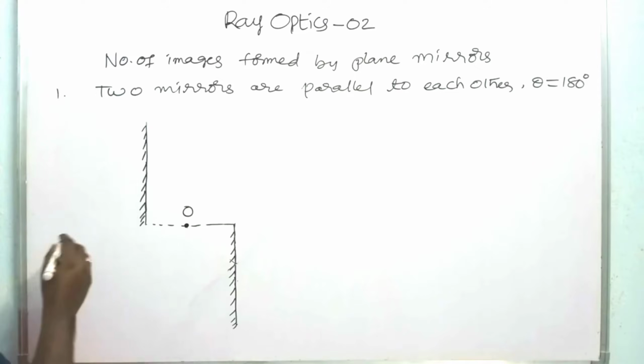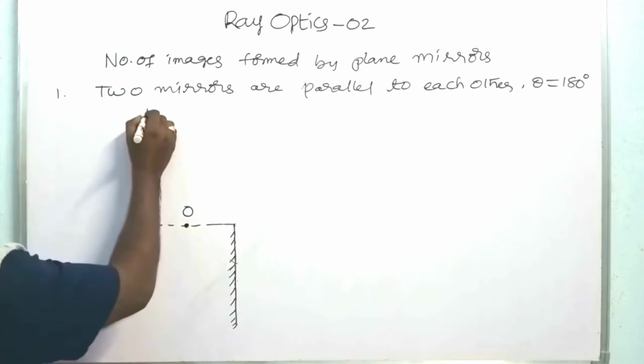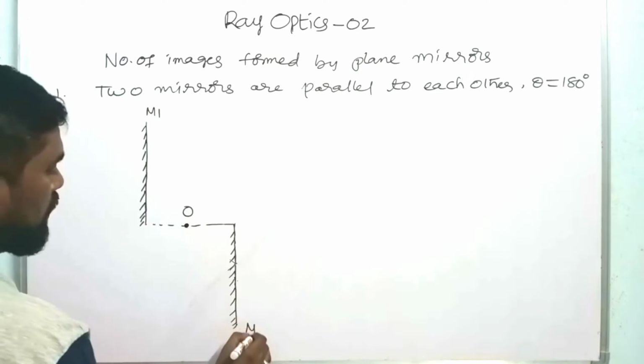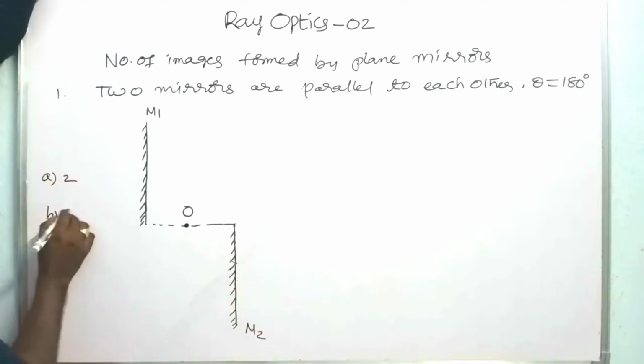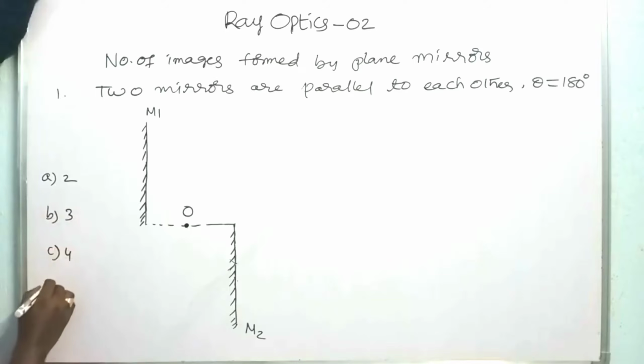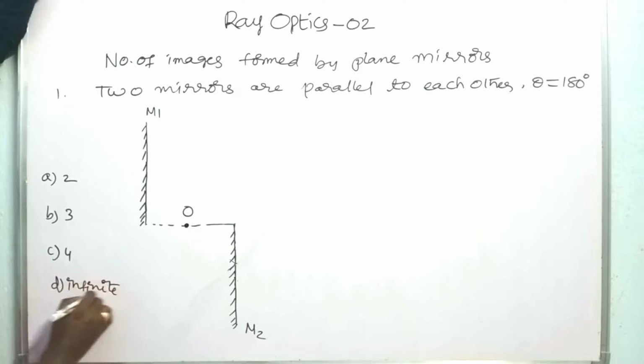Now how many images will be formed? So this is the mirror M1 and this is the mirror M2. Option A, 2; B, 3; C, 4; D, infinite. So what is the answer? Try karo.